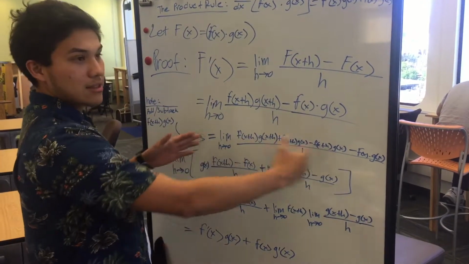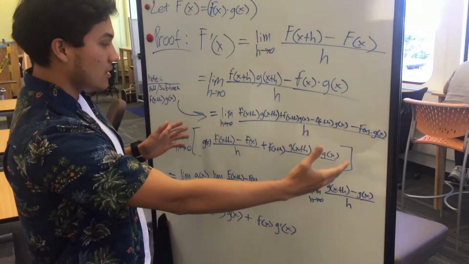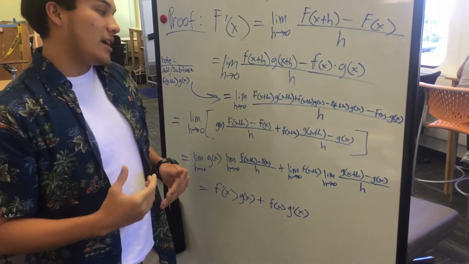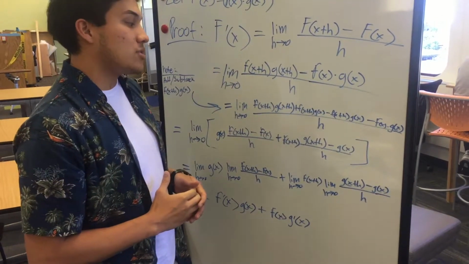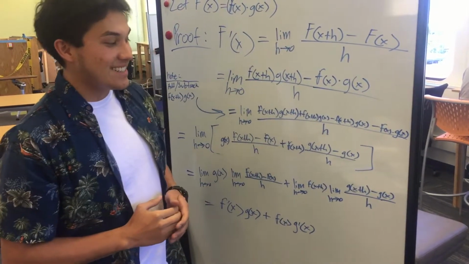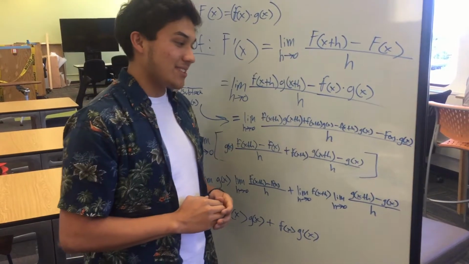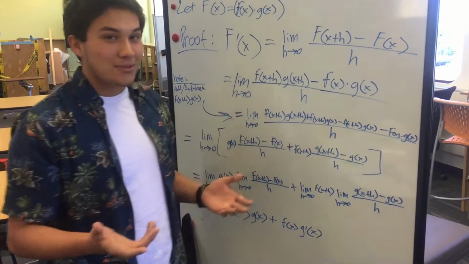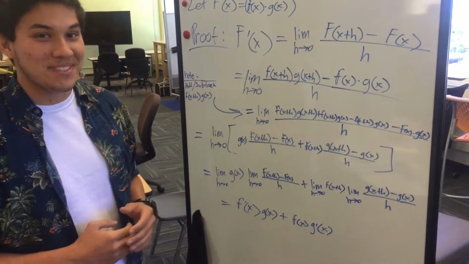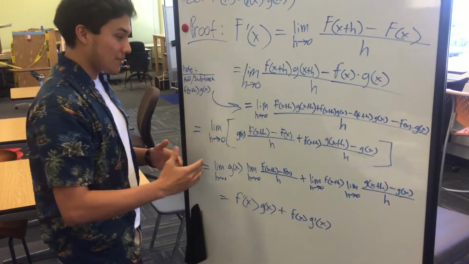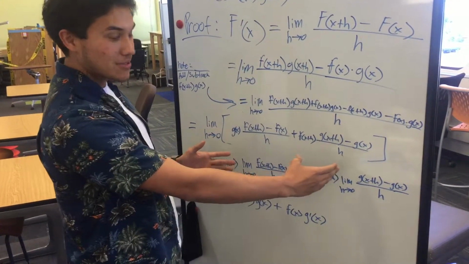So then that's when we get this larger formula, the limit of f of x plus h times g of x plus h minus f of x plus h times g of x plus f of x plus h times g of x minus f of x times g of x, all over h as h approaches 0. Then we bring it forth, separating f and g.